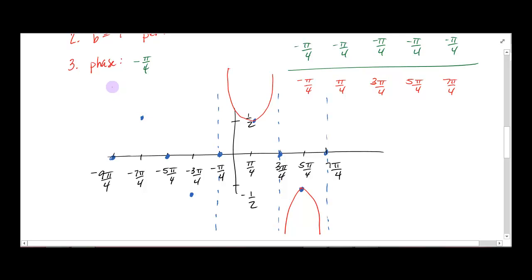Everywhere my function would have crossed the x-axis, I put an asymptote. And everywhere I have a peak like this, a maximum or a minimum, I draw the parabola. So you can see how I'm using the sine function to draw the cosecant function.